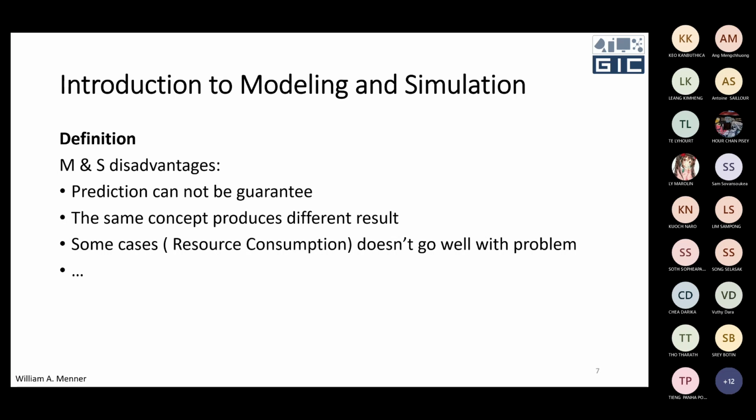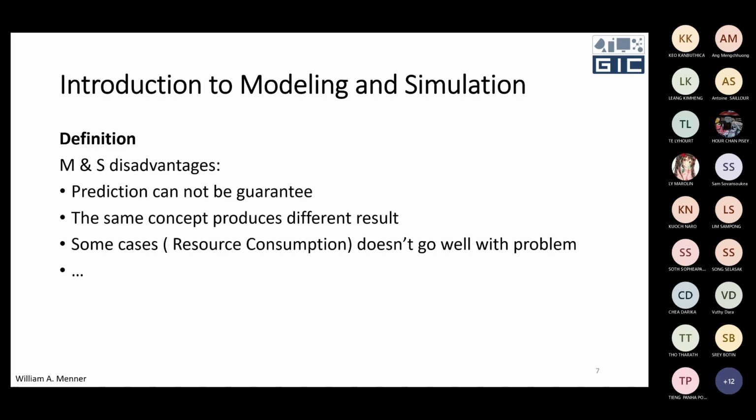However, if we use the same strategy and the same rule in different locations and different environments, it can produce different results. So when you try to model and simulate those kinds of things, you cannot be 100% sure about the result.